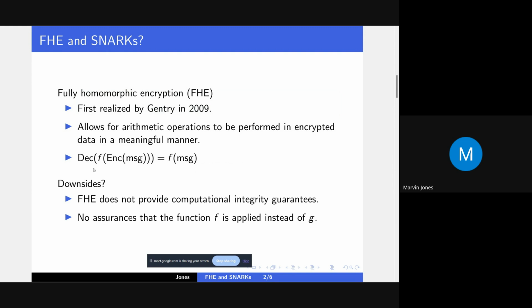They just assume that, okay, we're going to apply the function F, and it's definitely F. So the server's doing what it claims. They, of course, worry that the server could decrypt the message, but they aren't worried about the server doing something different than using F, using a different function like G.